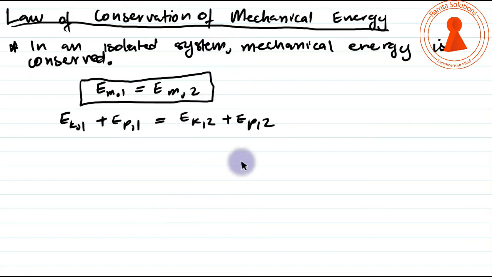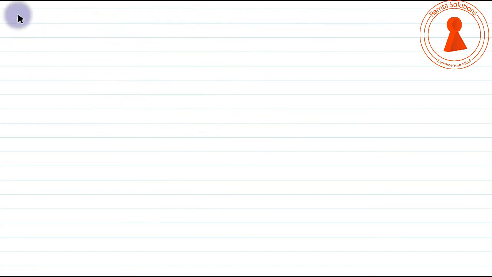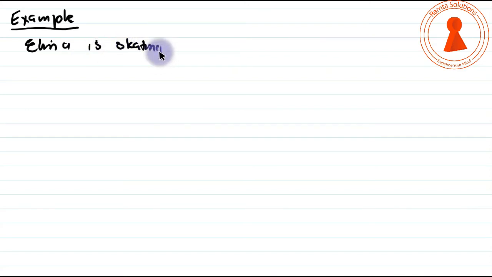I believe this example will be sufficient. So let's see. The example says Elena is skating on a ramp.